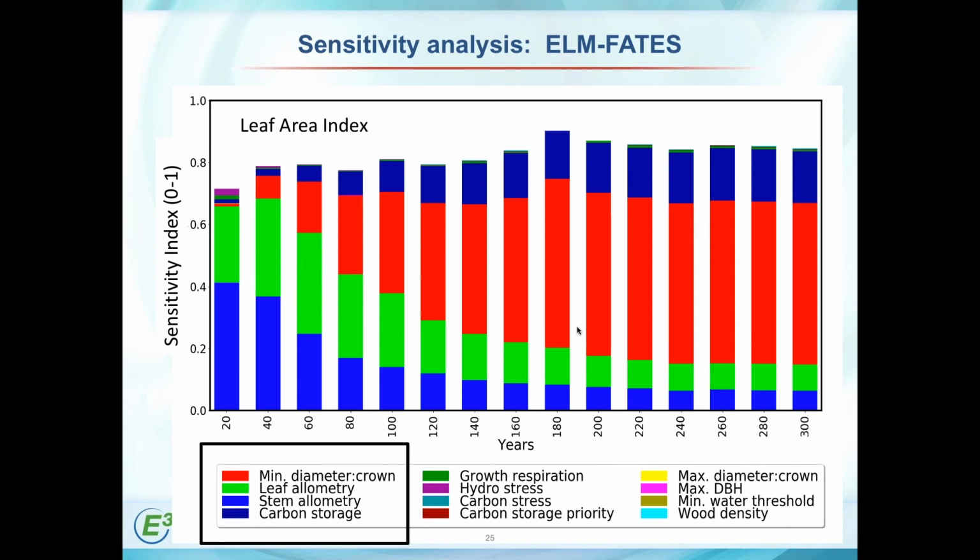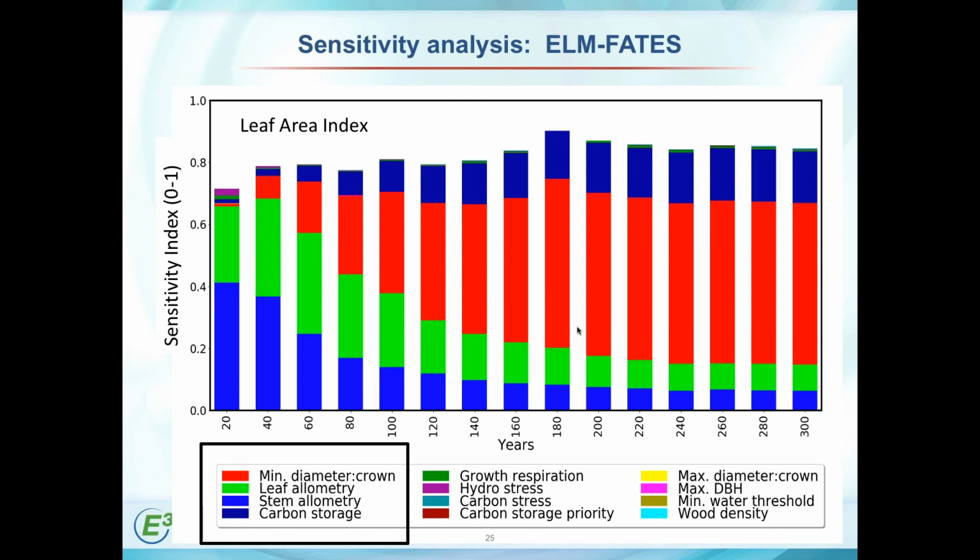So this particular example is leaf area index. In this case, we started with on the order of, I think, 20 parameters, and found that really a lot of the variations are driven by only 4 of them. And so that kind of parameter dimension reduction is important for eventual calibration.